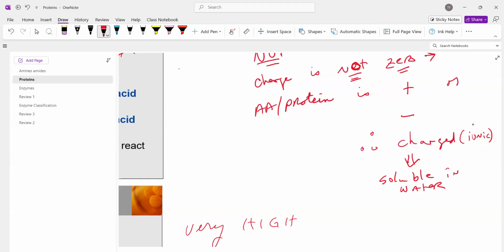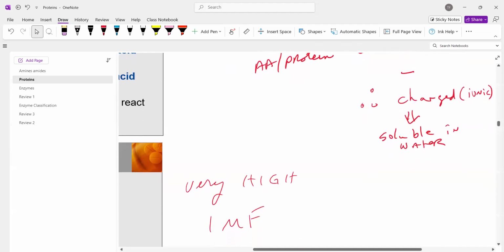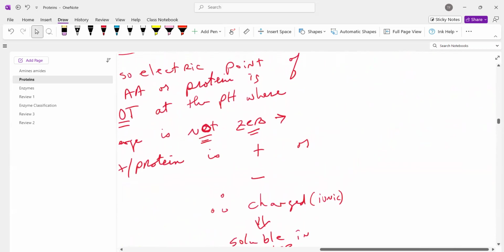For example, casein is a protein in milk. Its isoelectric point is 4.